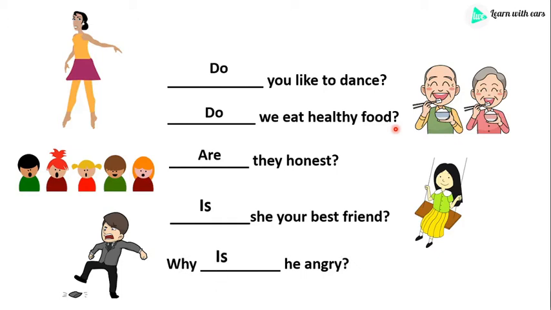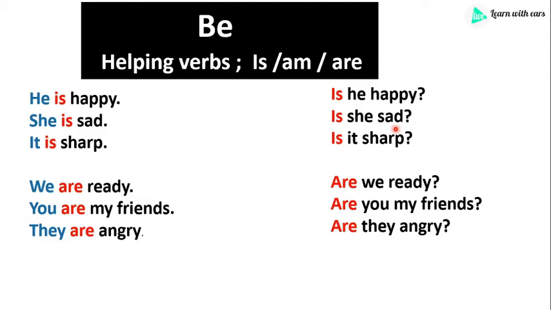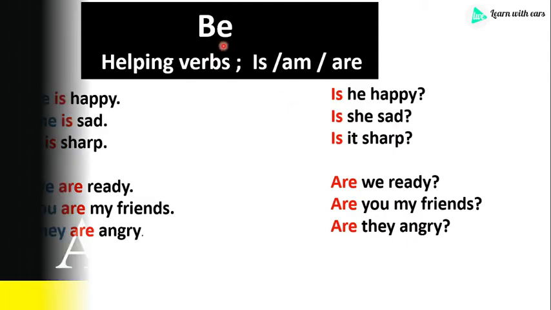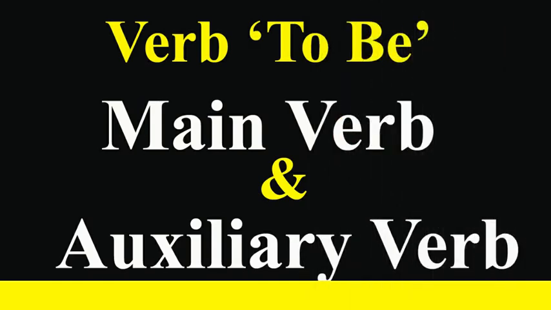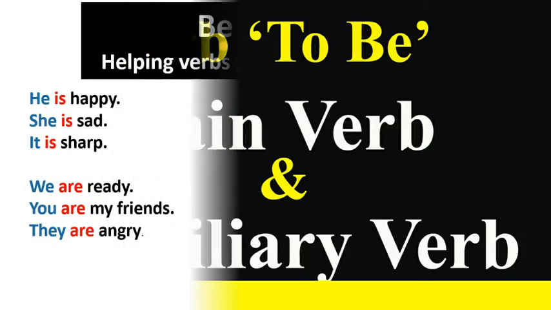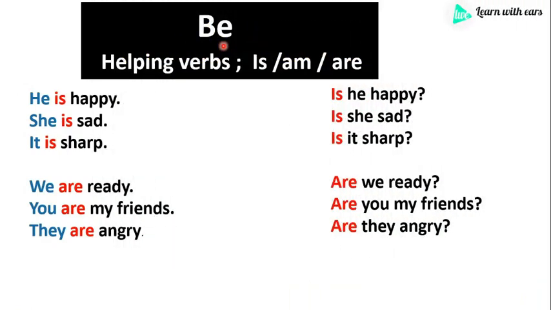Okay, now let's see in detail how and why we use these words to ask questions. First, we'll learn about be. If you haven't watched our previous video related to the be verb, you should watch that video first. That video will help you to understand this lesson better.